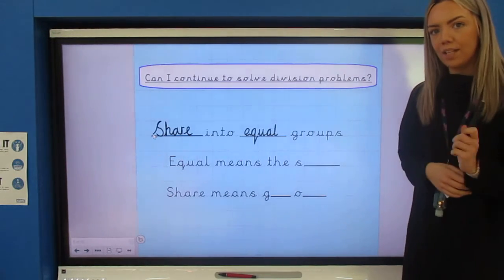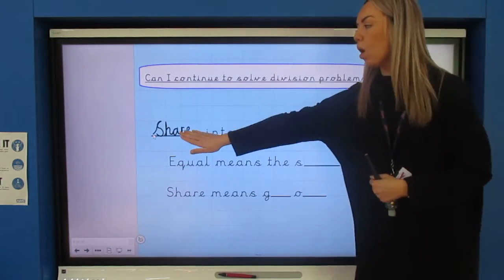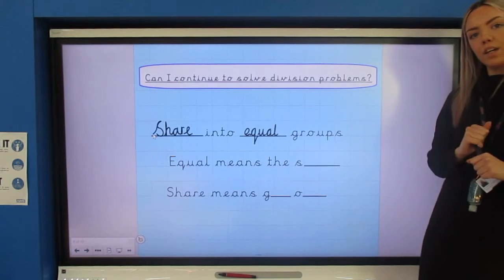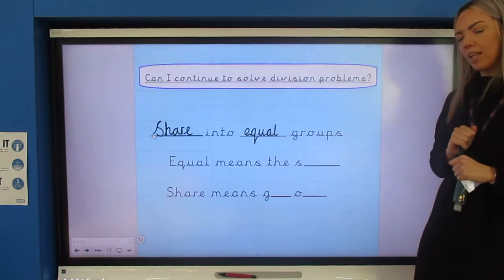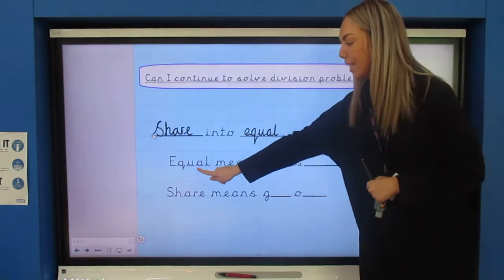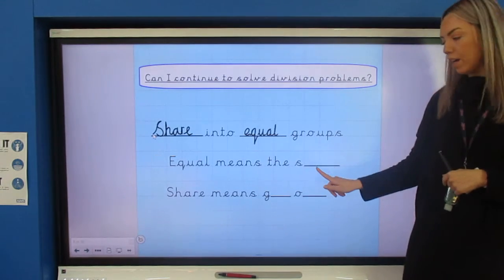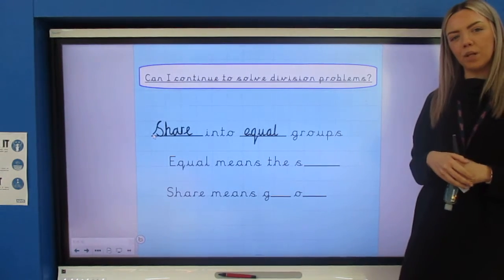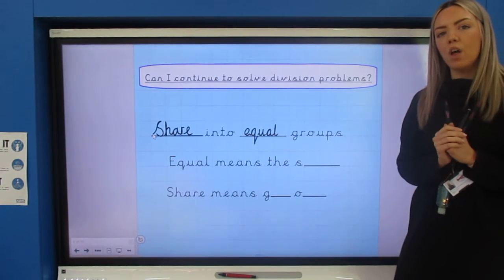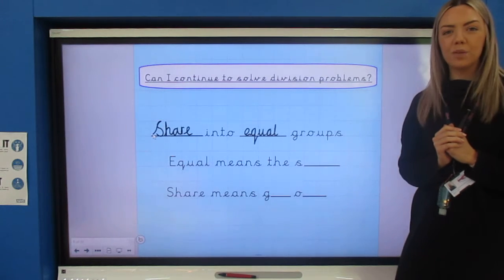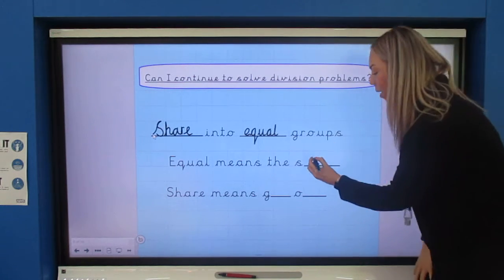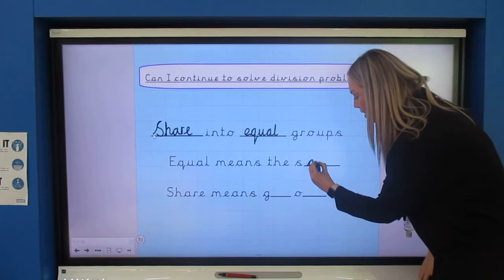So now let's look at our next one. So you should have one complete phrase on your board. Let's have a look at the next one. Equal means the, and I've given you a little letter there to help you. Equal means the, I know you're all shouting this out, the same. Well done. So let's finish that phrase.